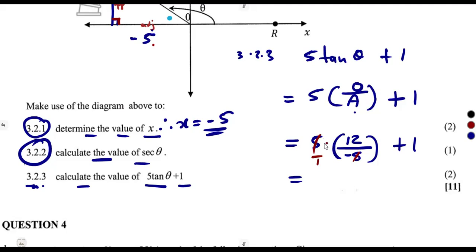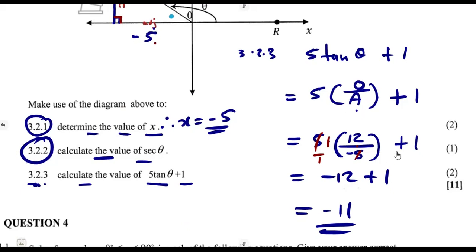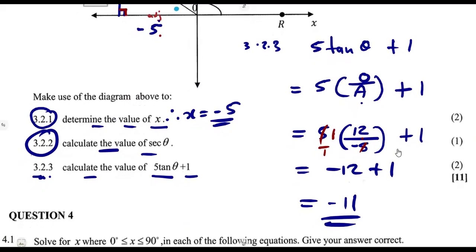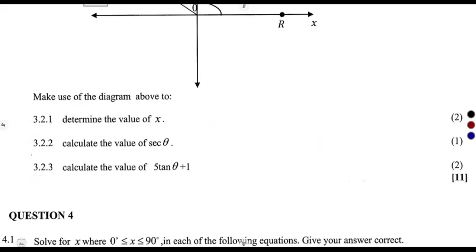We get 1 times -12 here, which is -12 plus 1, which will give us -11. This is from our understanding of numbers. Or you can simply use your calculator if the understanding of numbers is not there. You're going to have the same thing.